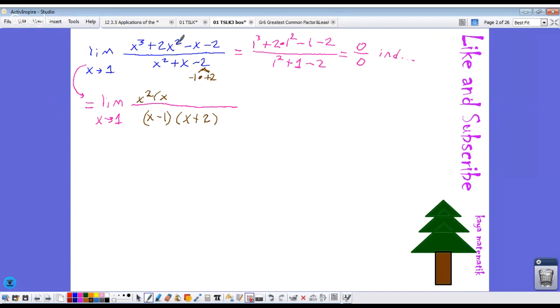From 2x squared, when you move x squared out, there remains positive 2. Here we have minus x and minus 2, and it should be similar to x plus 2. That's why we put the minus outside the parentheses. So minus x will become plus x on the opposite side, and minus 2 will become plus 2. Right now the parts inside the parentheses are the same.